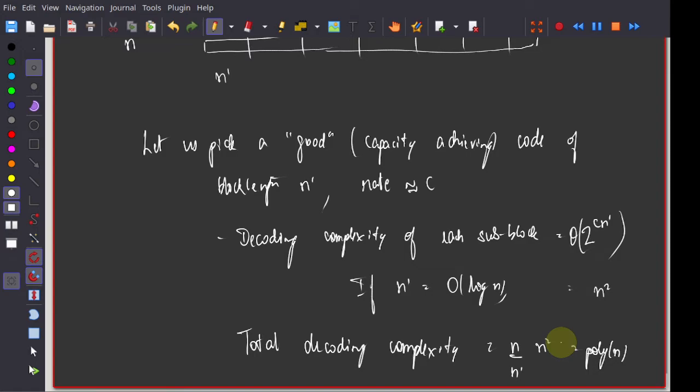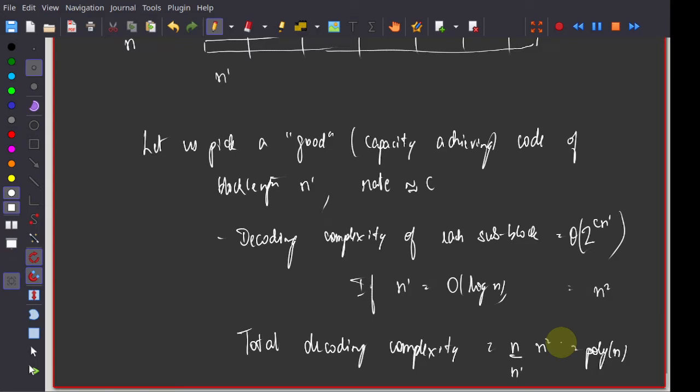So this is n cube divided by log n, which is at most n cube. I'm not going to be very careful with my choice of parameters. My goal is to just get polynomial decoding complexity, at most maybe n cube. Everything is fine so far?